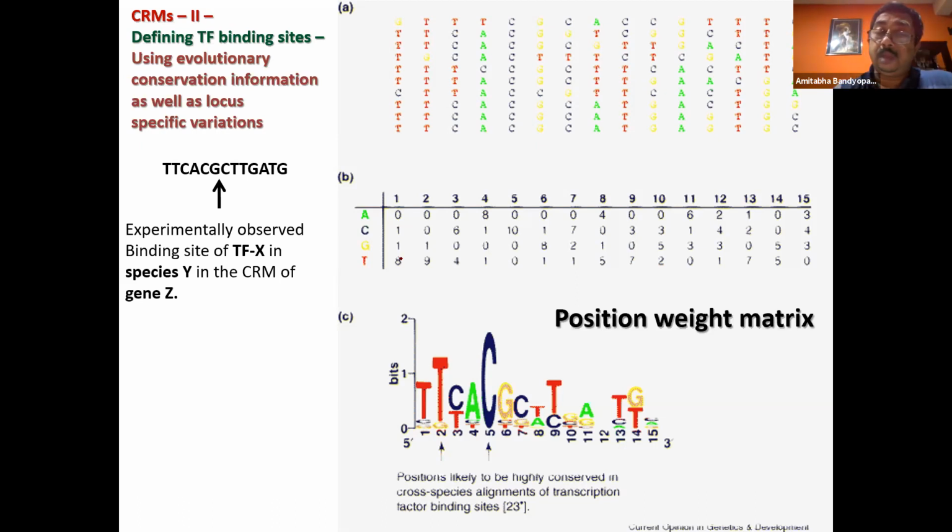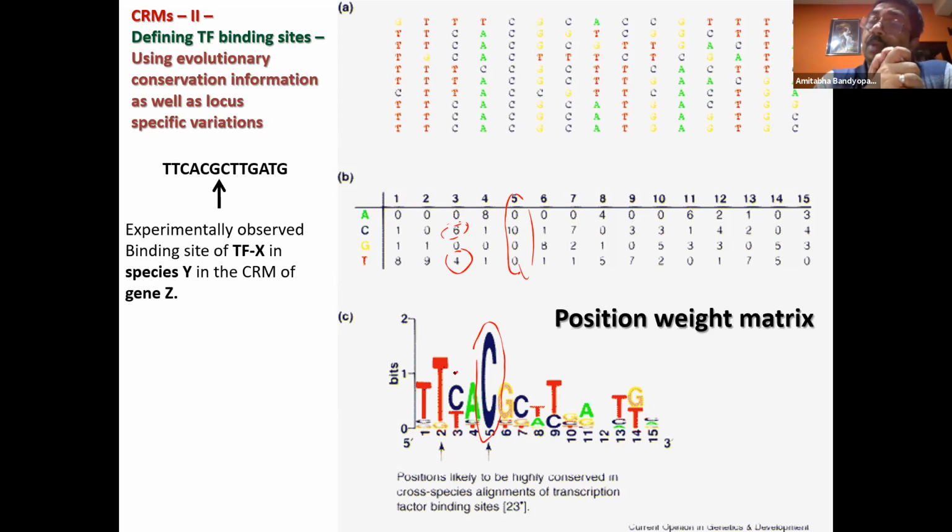If it is a C at 100%, then it is the biggest. If in position number 3, in 60% cases it is C, 40% cases it is T, then you write it like that. This is what is referred to as position weighted matrix, or PWM.